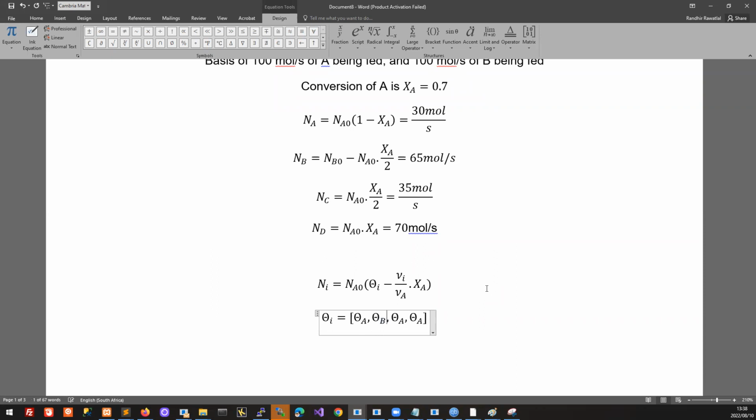So each of these betas are nothing but inlet flow ratios. So these are Fi0 or FA0 divided by the reference component. So the reference component is FA0. So that's component A, component B, component C, component D. So we'll write these. So those are how we define betas, right?